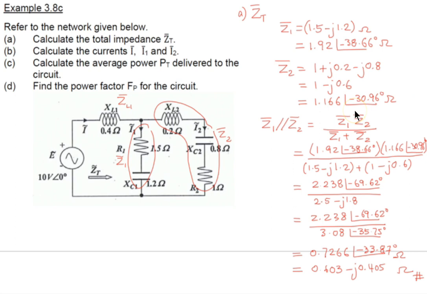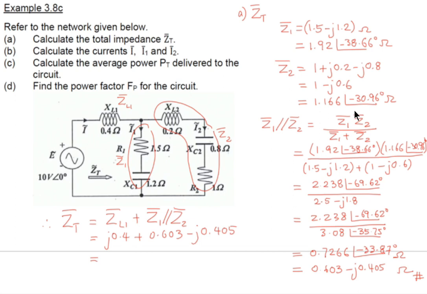Therefore, the total impedance ZT is equal to ZL1 plus the combined impedance of Z1 and Z2. Converting to rectangular, since I'm going to add them, I will have j0.4 plus 0.603 minus j0.405.